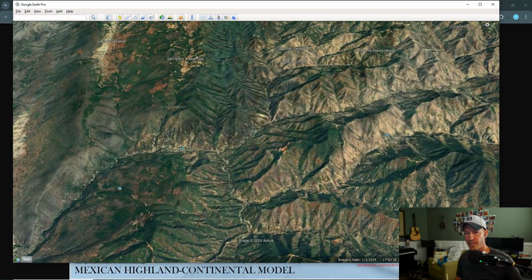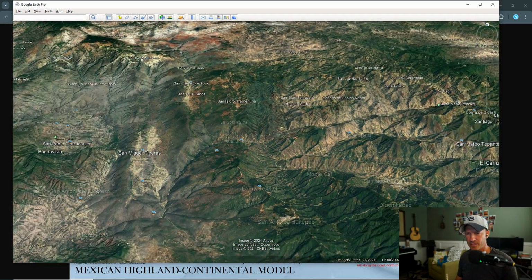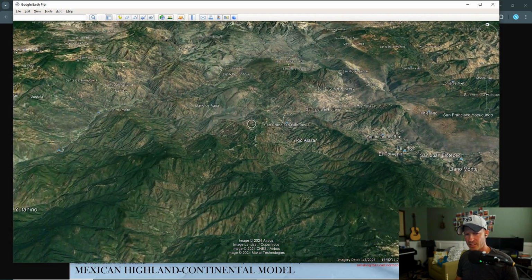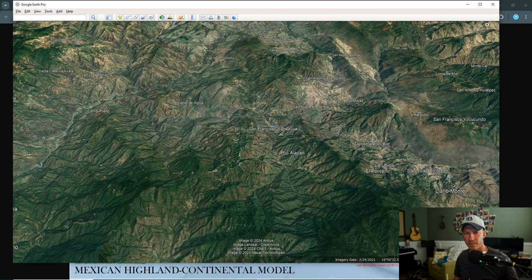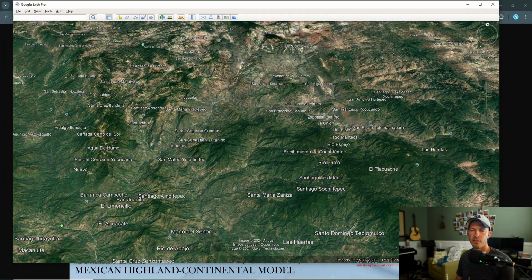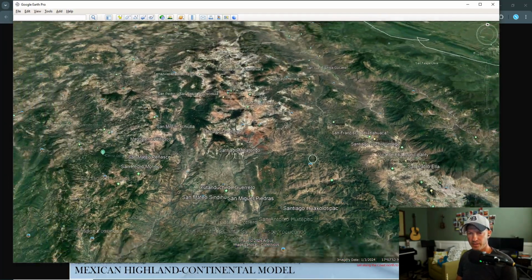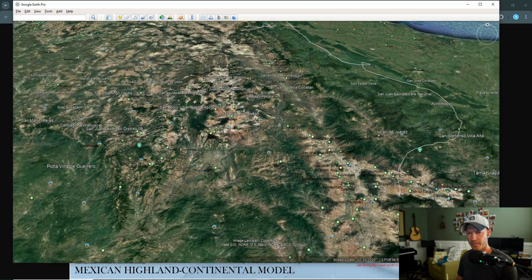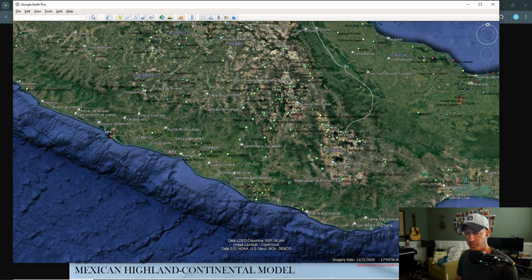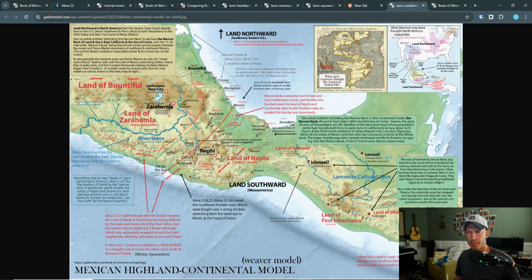This makes it a fantastic narrow strip of wilderness because it's pretty inhospitable. Not only is it so incredibly mountainous, the weather is horrible. It's so seasonal. You have a very marked dry part of the year and then a wet part of the year that makes it pretty hard to live there. Anyway, the Mixtec areas are the narrow strip of wilderness. So that's mine. But let's keep going.